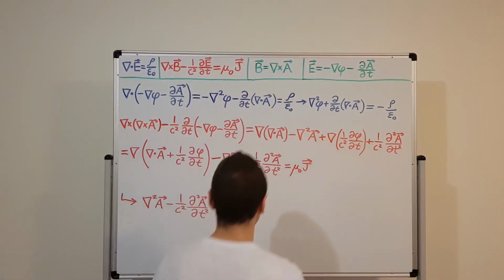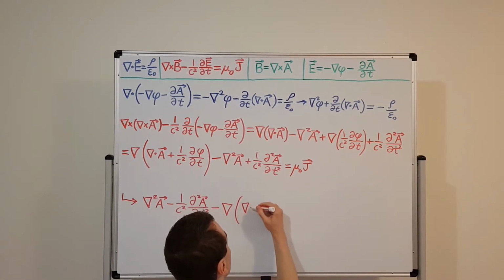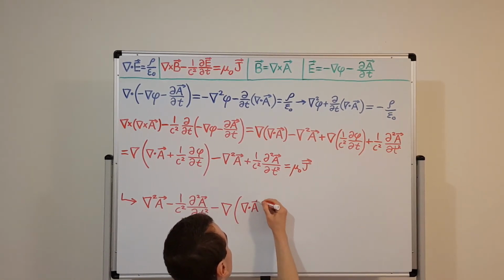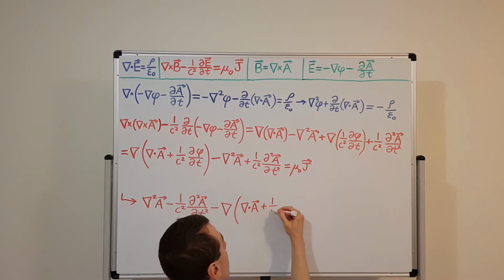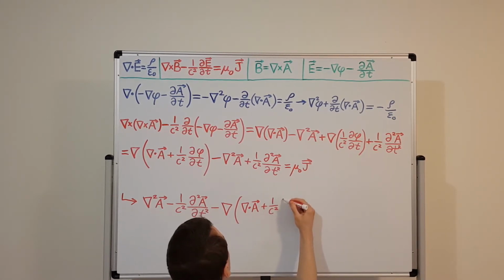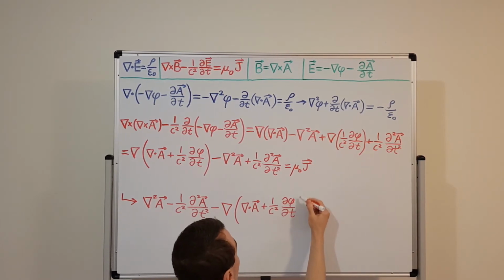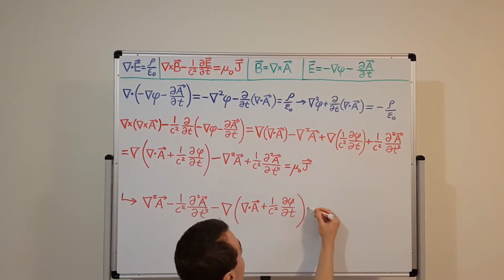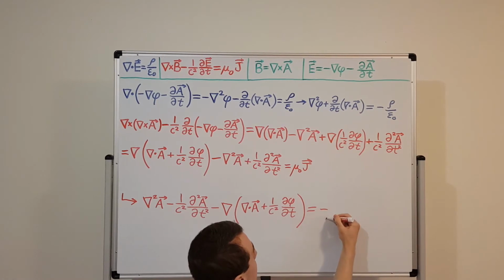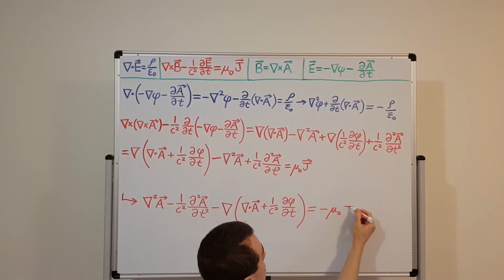So I'm going to write the gradient of the divergence of A plus 1 on c squared times just the first derivative of phi with respect to time. And this is a partial derivative. And this is going to be equal to minus mu naught j.